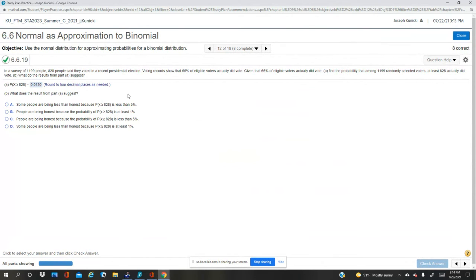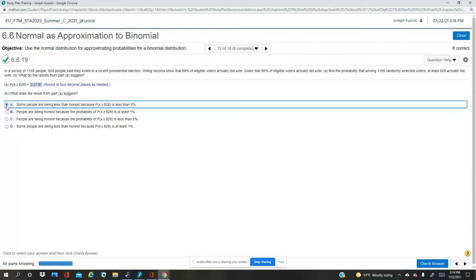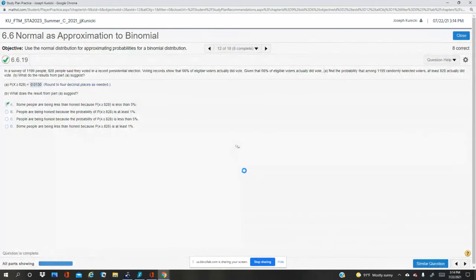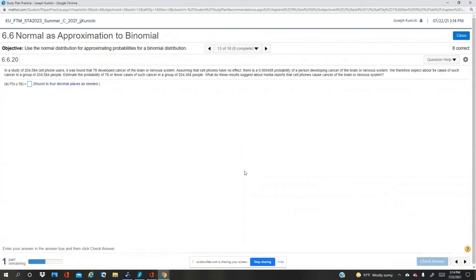If 828 said they voted, and voting record shows 66%, which was 791, that's a discrepancy of 37, which is over 2 standard deviations. 5% is our typical cutoff. Well, that's it. So that was 6.6.19.